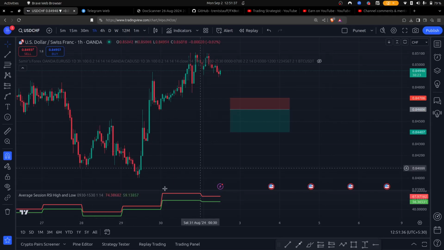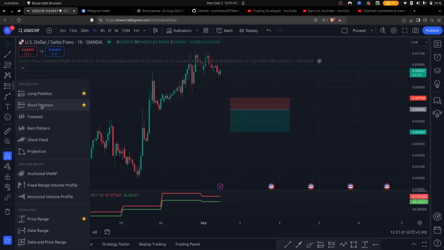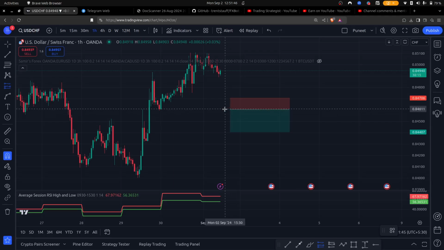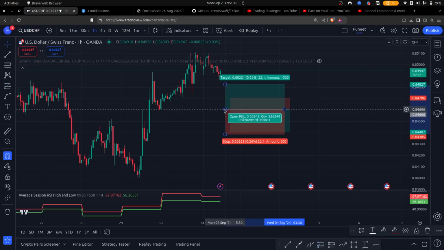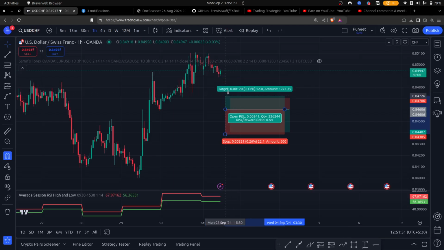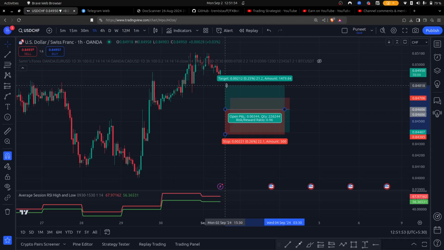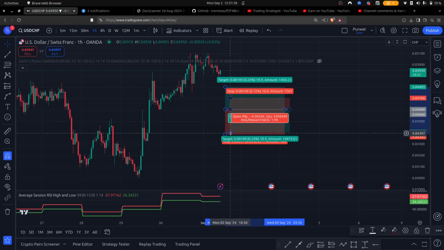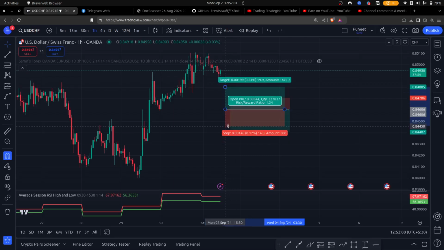So let's just place one more again at the same price point, and we are going to use the same risk to reward ratio, 200 points right around here, and 100 points stop loss somewhere around maybe here.